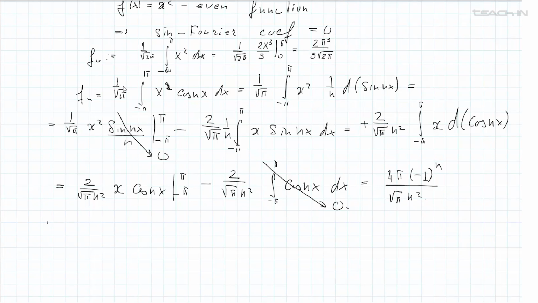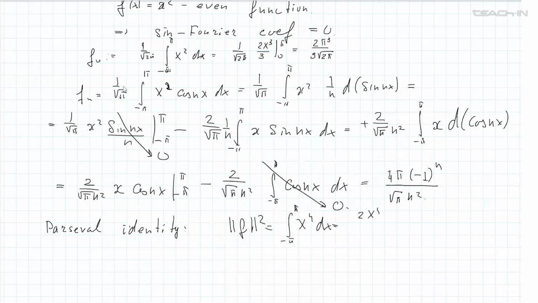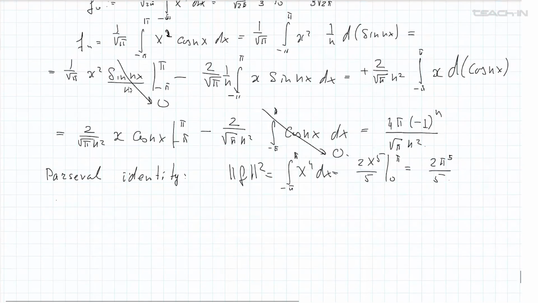So let's use the Parseval equation. Let's take the integral of f square from minus pi to pi, x4 dx, equals 2x5 from 0 to pi, 2 pi 5 over 5. So it equals f0 square plus the sum.